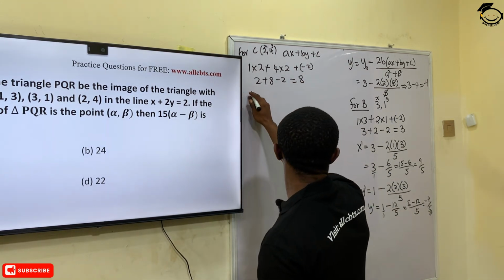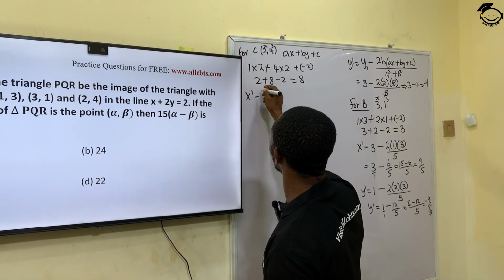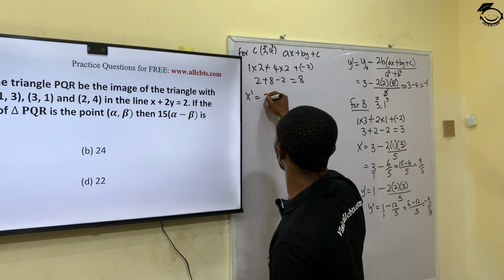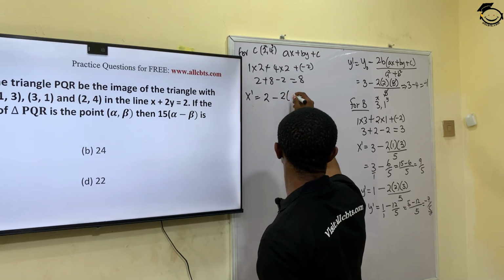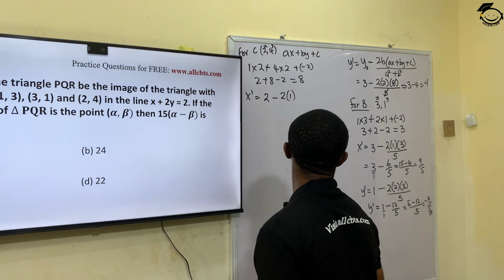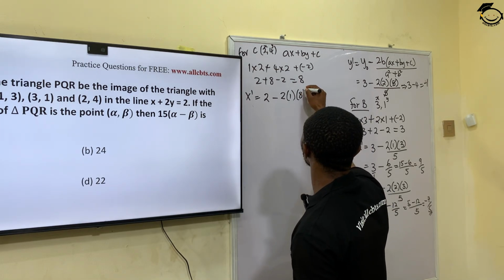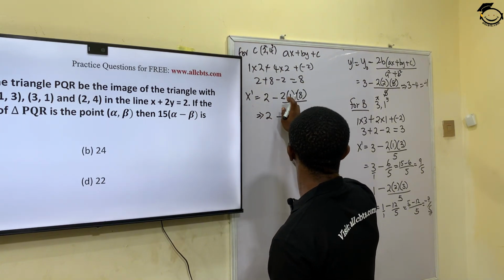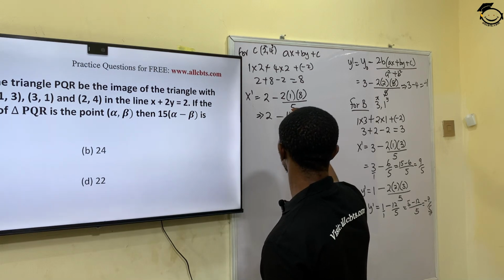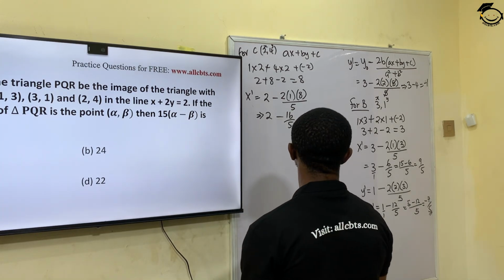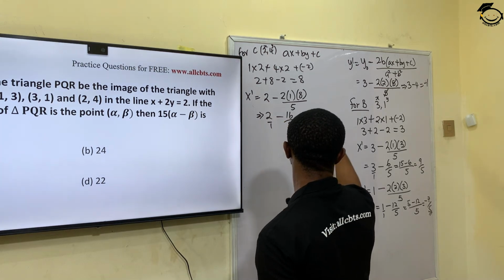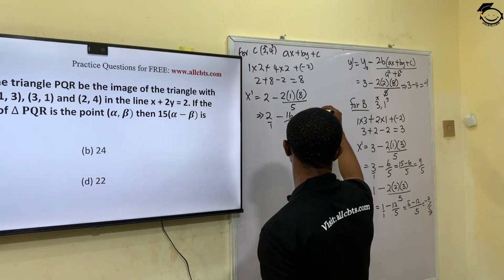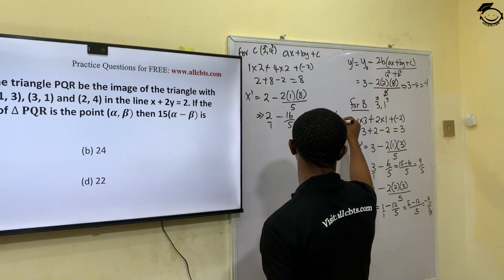All right, so now for our x bar, we are having x0 minus, so this will be 2 minus 2 brackets 1 times 8 all over 5, which we'll be having as 2 minus 8 times 2, 16 all over 5. Solving this out, we have our LCM as 5. 5 times 2, 10 minus 16, which gives us minus 6 over 5.